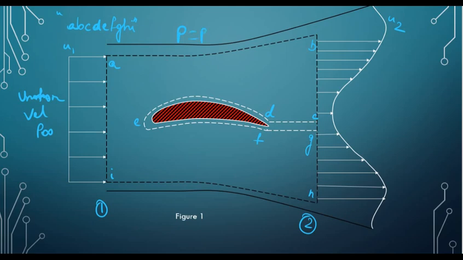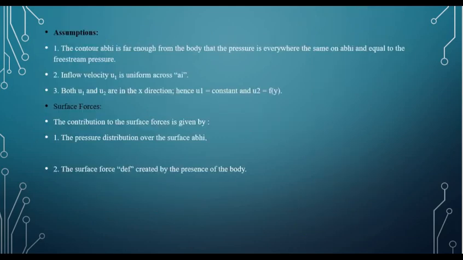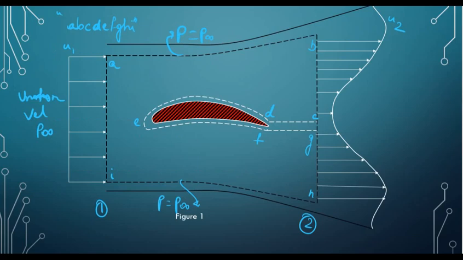So I would say P is equal to P infinity at these streamlines AB and HI, the reason being that they are very far away from the body. The second assumption is that the inflow velocity U1 is uniform across AI, as it would be in the free stream.